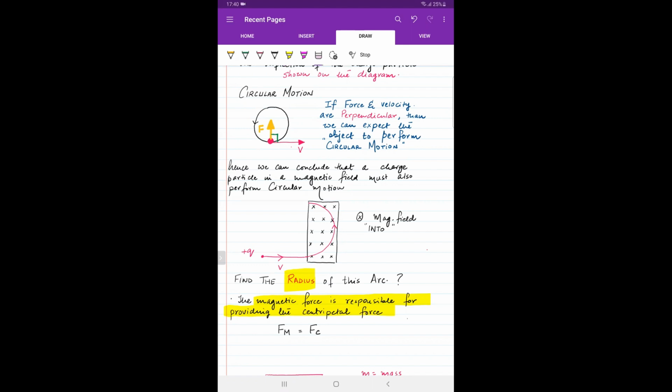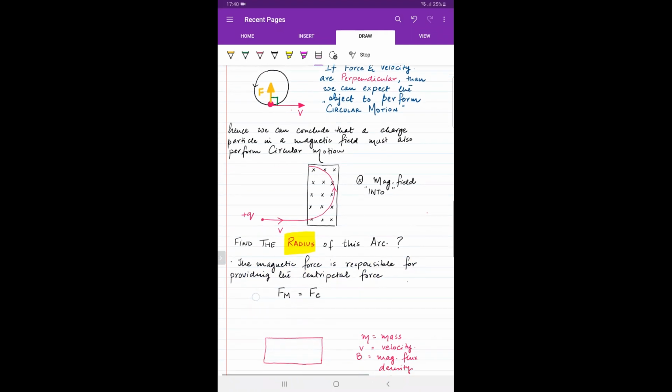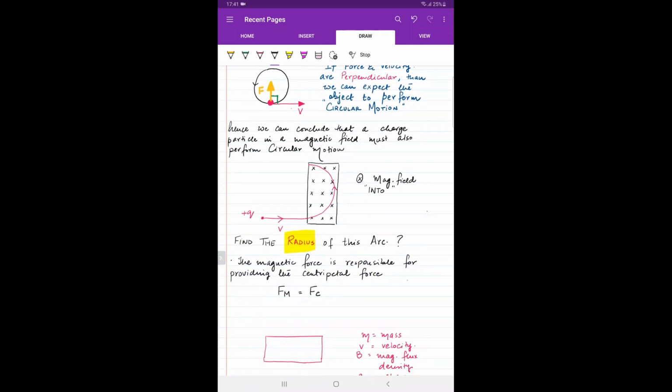यहाँ से working start करते हैं. So Fm for the magnetic force, Fc for the centripetal force. Apply करते हैं. So magnetic force जो अभी formula ऊपर किया था ना, I'm using that same formula which was BQV.